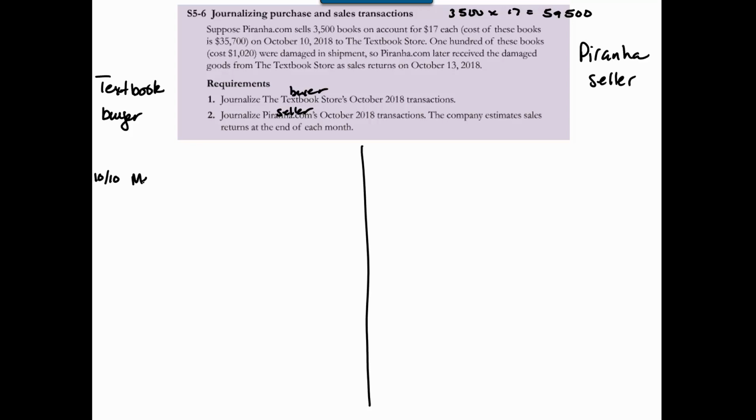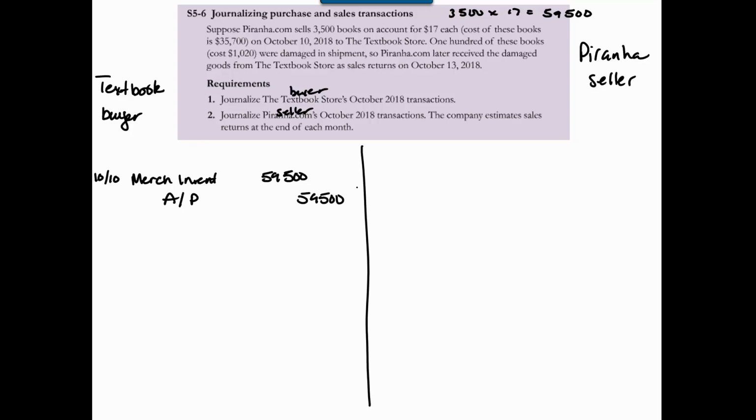So I'm just going to debit merchandise inventory for $59,500, and they haven't paid for it yet. So I'm going to credit accounts payable $59,500.